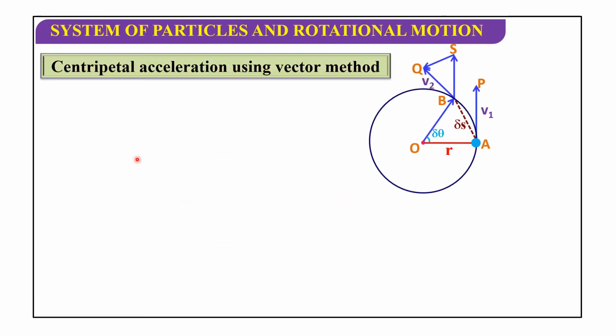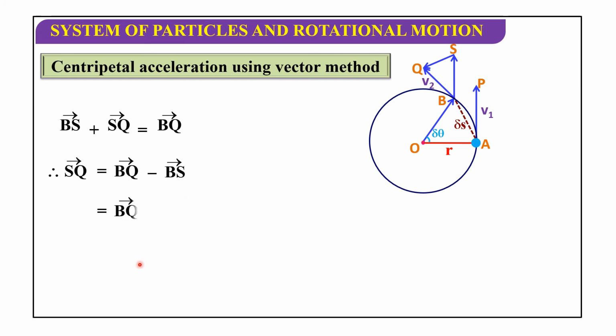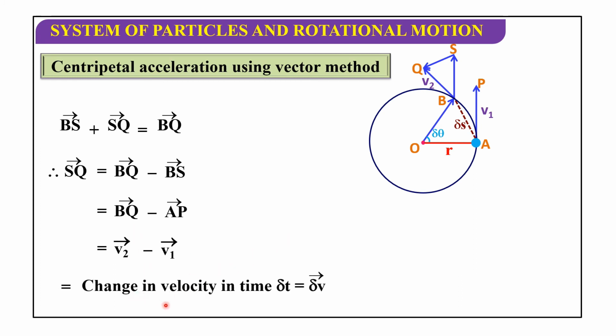Now BS bar plus SQ bar is equal to BQ bar. So therefore SQ bar is equal to BQ bar minus BS bar, that is equal to BQ bar minus AP bar, so that is equal to v2 bar minus v1 bar. So this is the change in velocity in time delta t, equal to delta V bar. This is the delta V.